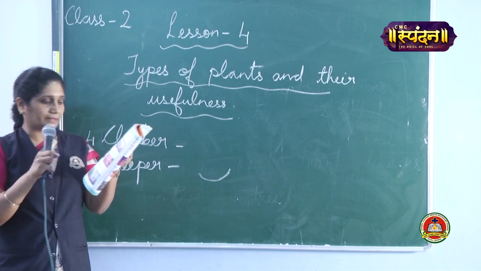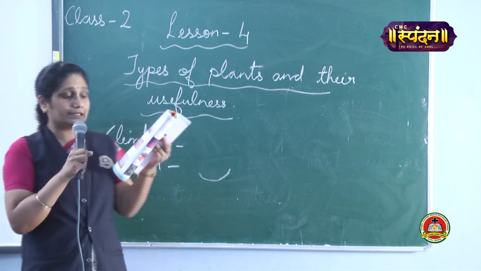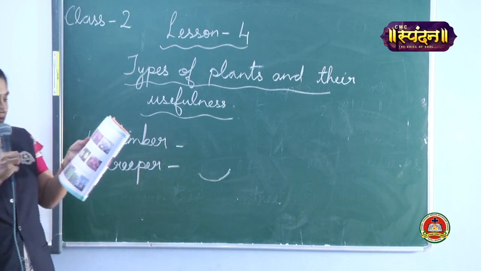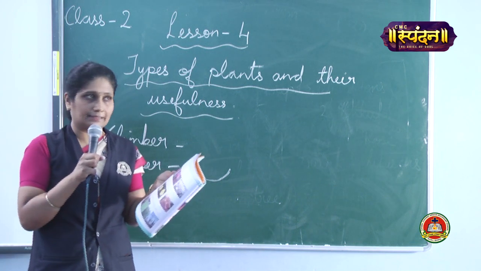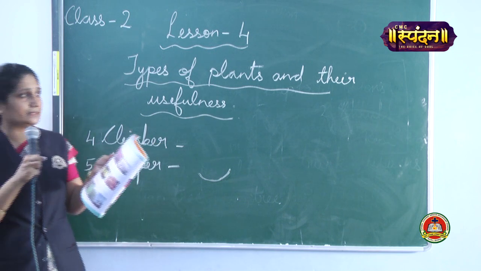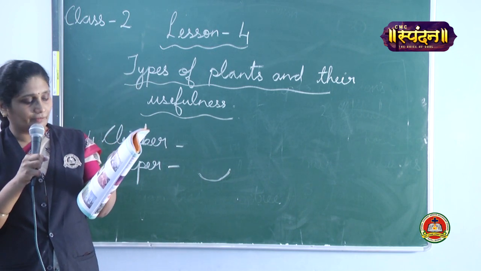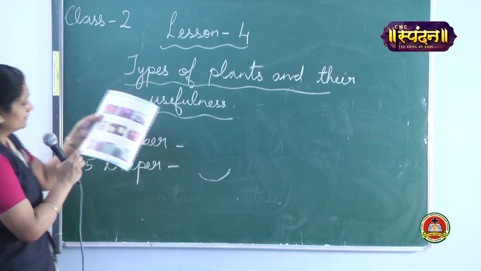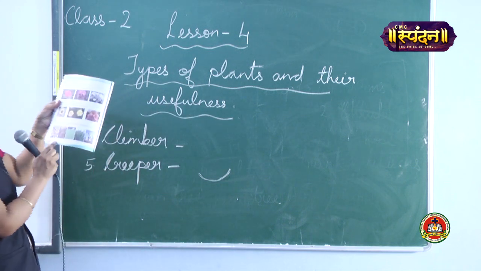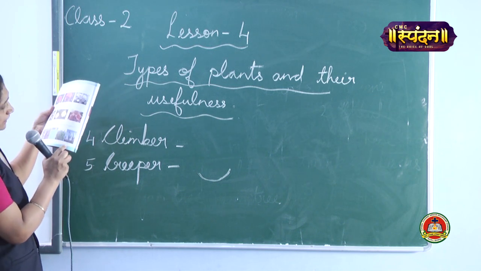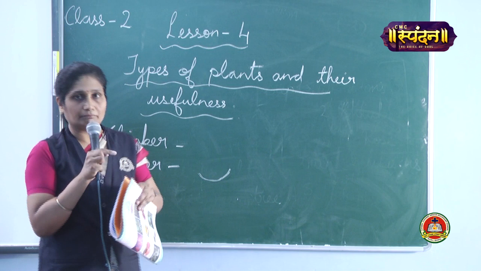Dhan, paddy means dhan, millets are called crops. Crops live only for one season. It's also a seasonal plant. So crops, they only live for one season. So what are these? These are cotton, rui, sugarcane, paddy, dhan, wheat, and millet. Okay? Bajra.